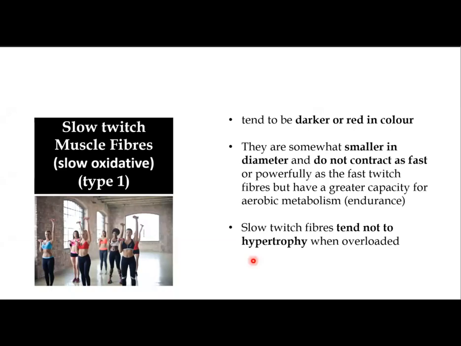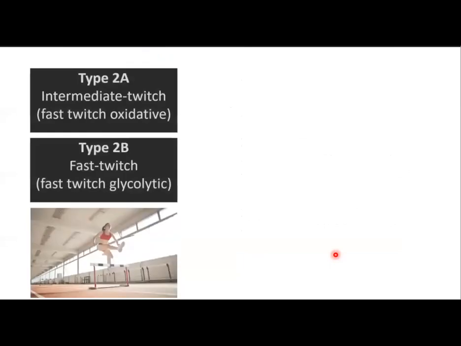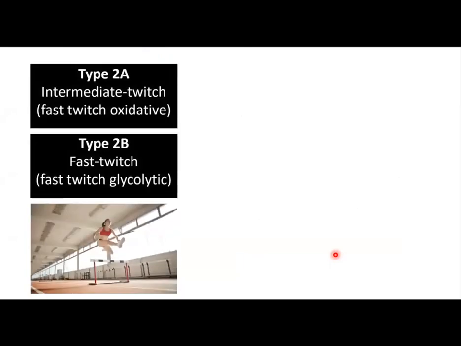Again, when you see a marathon runner, they're not bulky. They're more slender, because they have more slow twitch muscle fibers, which are called type 1. Then the other two are called 2A and 2B, so intermediate twitch and fast twitch.